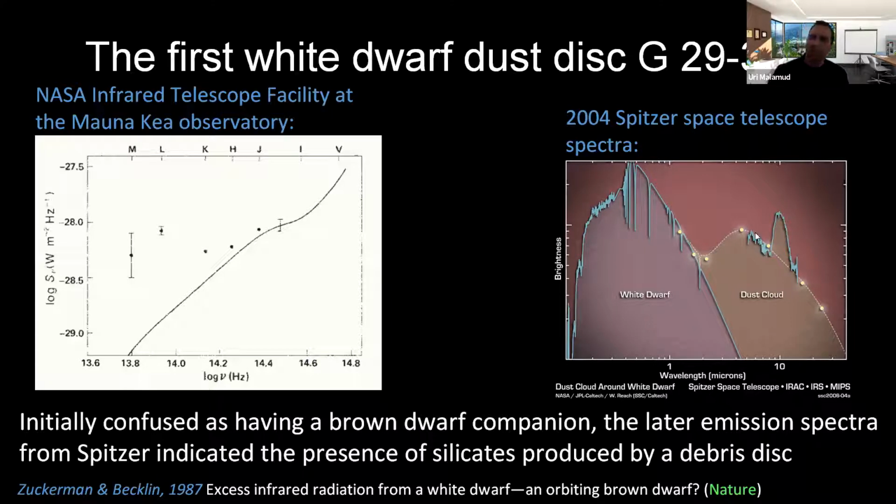You can see that this could be fitted by an extended disk of material, and you can also see some emission features from dust. These are similar features to what you often see in ISM dust or in the halo of comets. So you know that this stuff is not from a brown dwarf, it's actually from a disk.